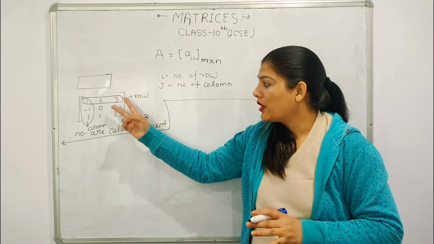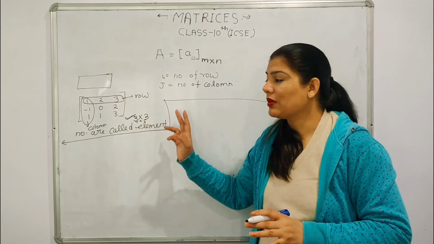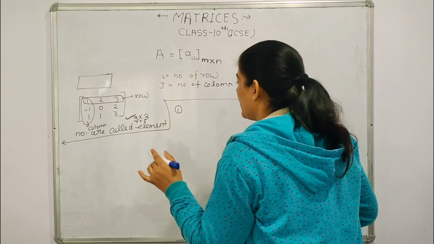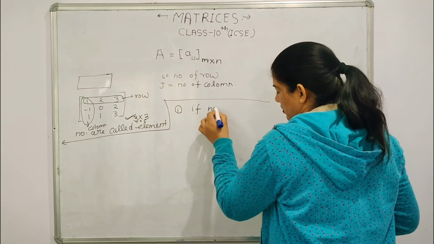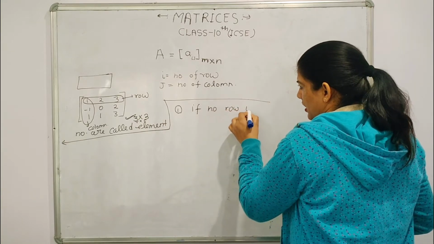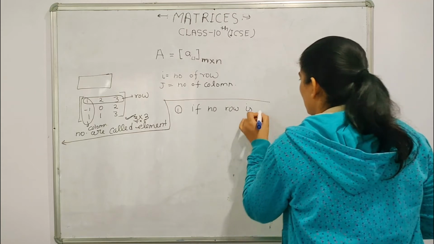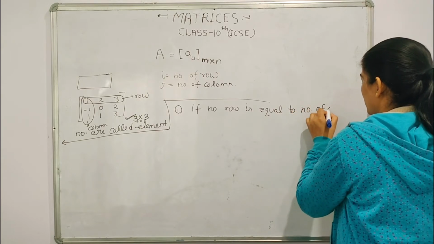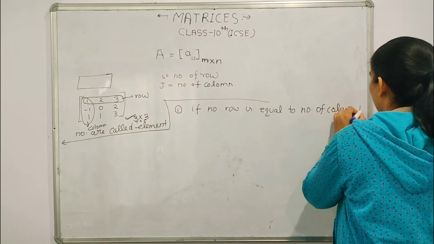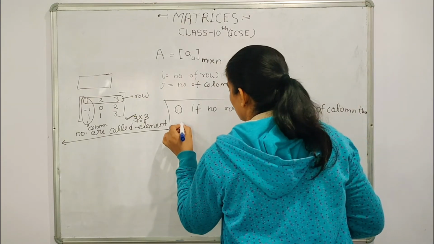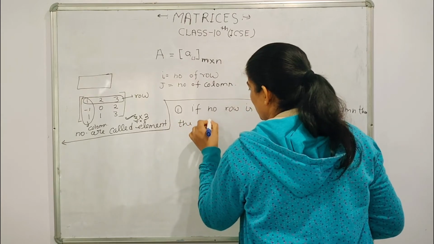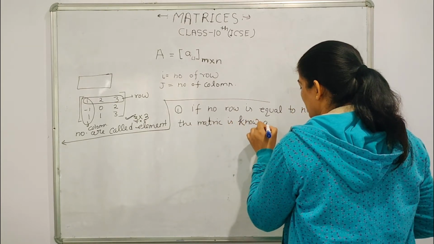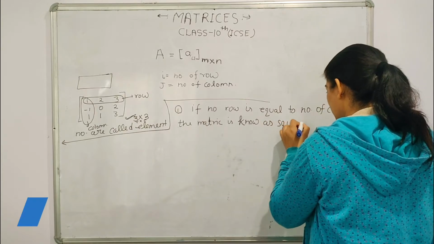Like I have told you, in the first type, if the number of rows is equal to the number of columns, then the matrix is known as a square matrix.